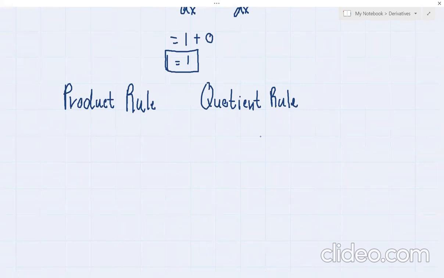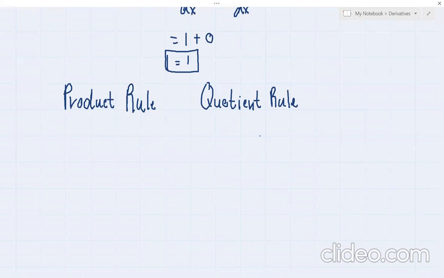Kumbaga, dito kasi basic pa lang to. If you know how to use product rule and quotient rule sa basics, which is yung naka-algebraic function, then it's easy for you to solve other given functions tulad ng trigonometric functions and exponential functions. Okay?